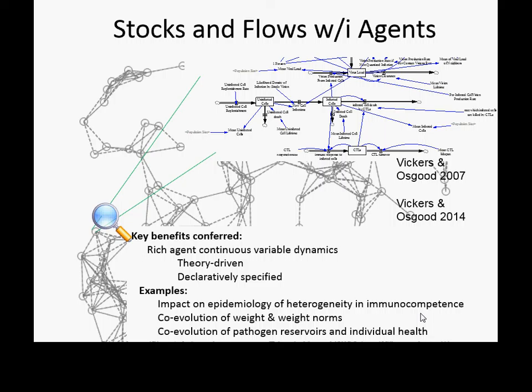But a key need was to represent the impact of variability in immune system strength on the part of individuals, which would simultaneously affect their likelihood of getting infected, how high the infection level goes, their viral load level, and how quickly they recover from infectivity.